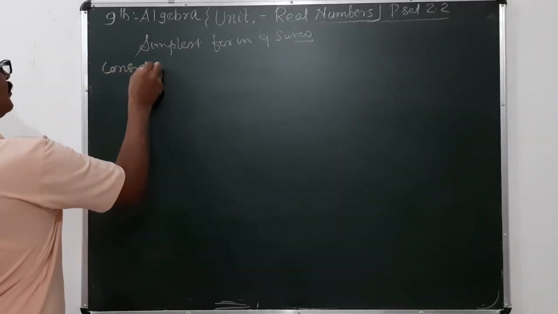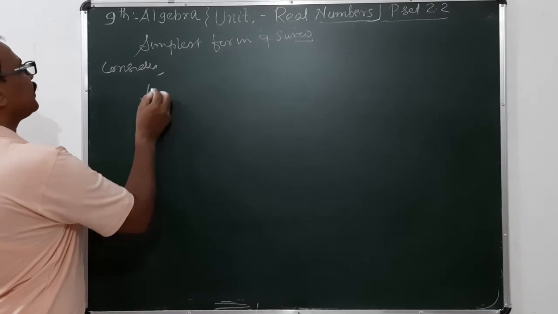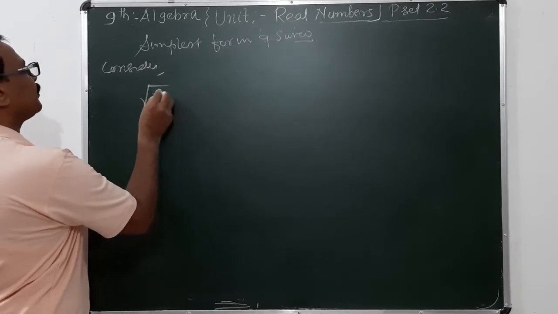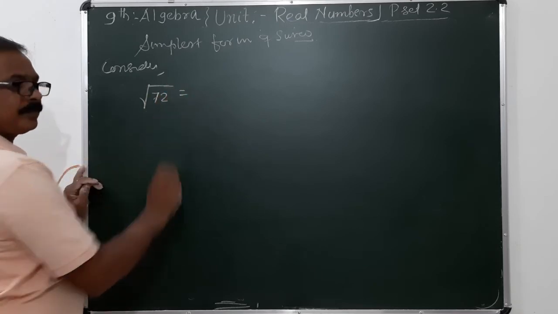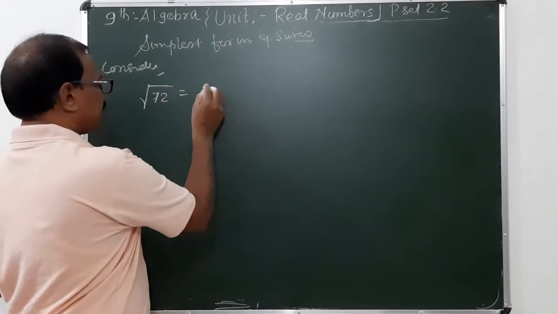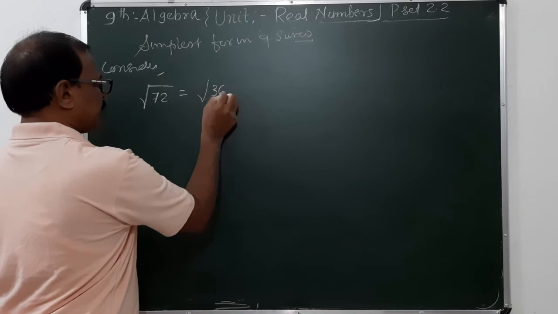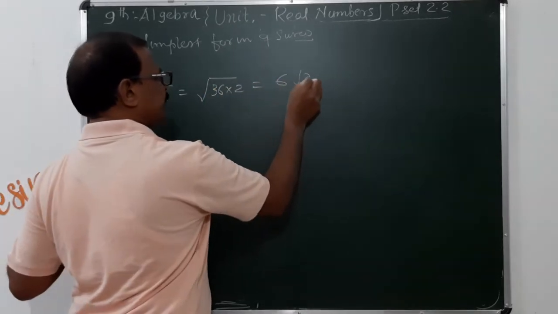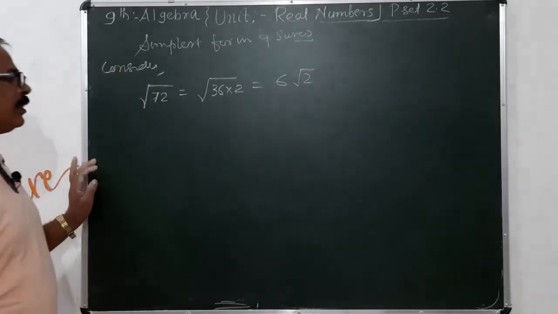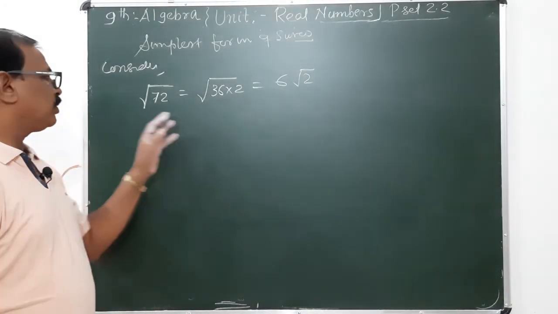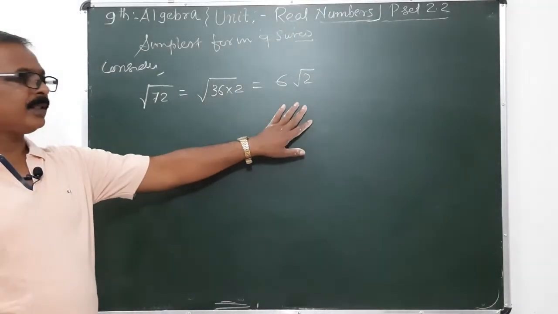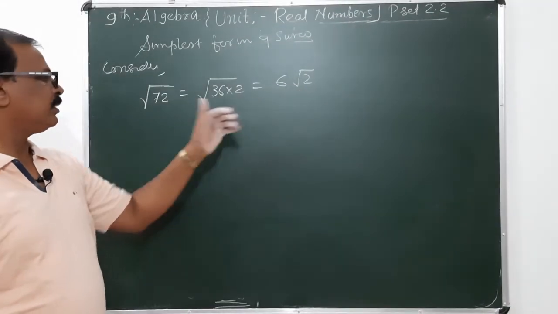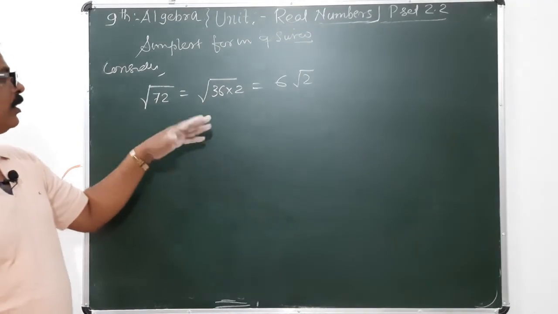Consider under root 72. This can be written as 36 into 2. This can be written as 6 root 2. Okay, 36 is nothing but 6 root 2, so this is the simplest form. Now in this case this is called as mixed surd and this is called the pure surd, so there is a difference between them.